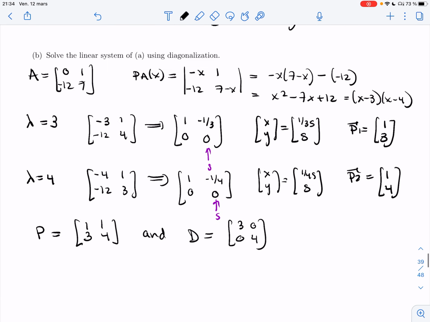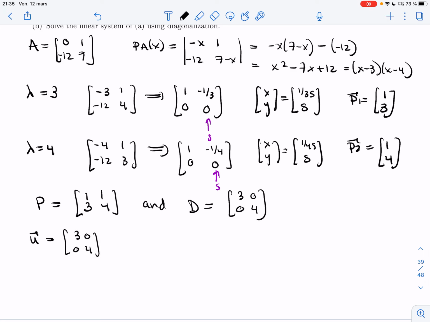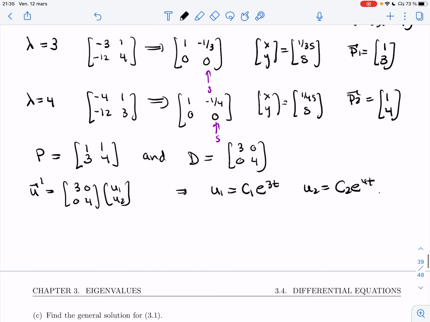All right, so I need to solve for u. u prime equals 3, 0, 0, 4 times u1, u2. And so I'm going to use u1 equals c1 e to the 3t, and u2 equals c2 e to the 4t. And then y is going to be Pu.